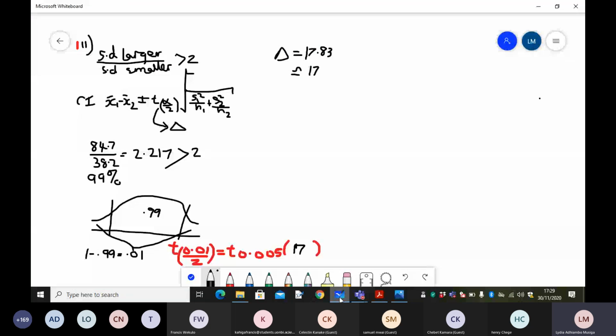So our answer will be 2.898. And so in our formula, we shall replace T alpha over 2, all of it, with 2.898. So what is the confidence interval?